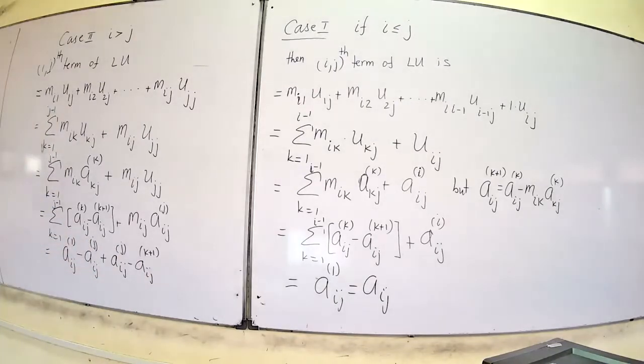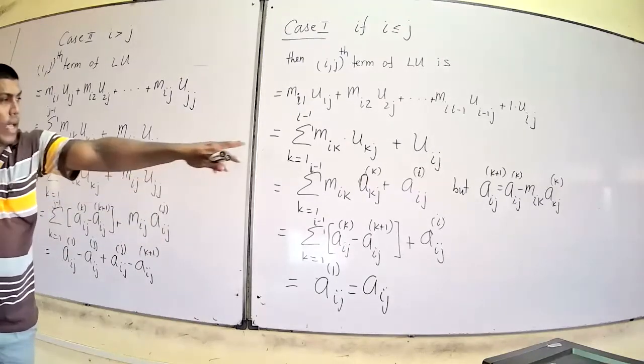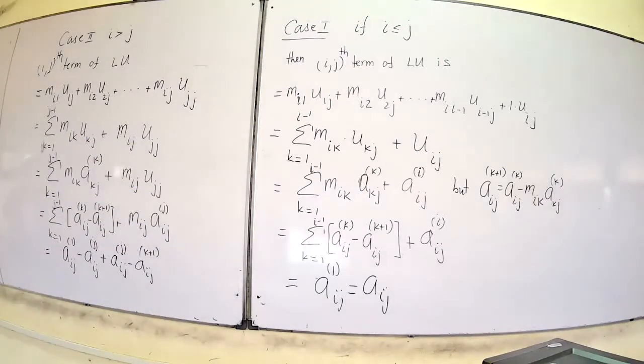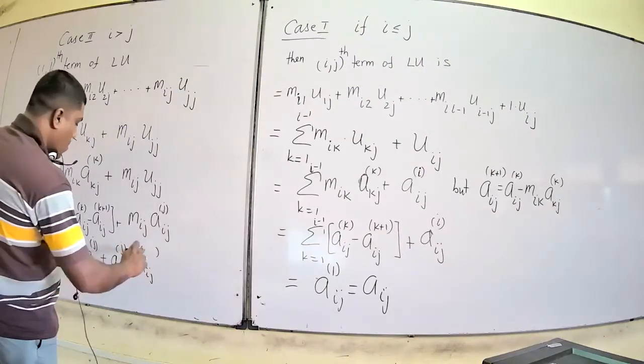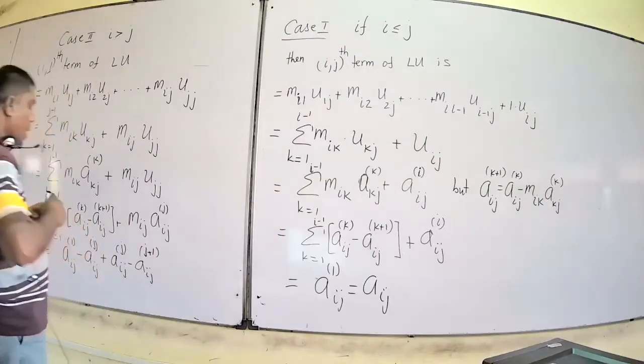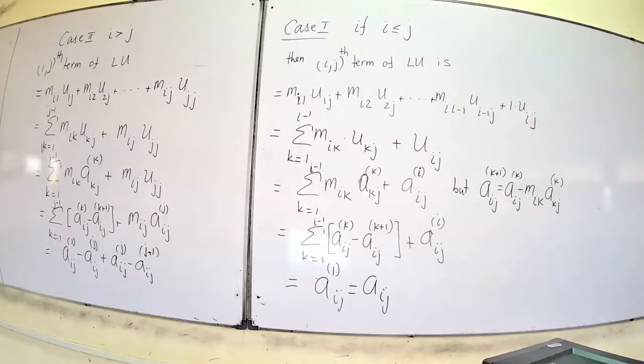When you do this again and again, you will end up with aij1 minus aij(j), all the others cancel out. And then mij aij(j) according to that formula is aij(j+1). So, aij(j) minus aij(j+1).